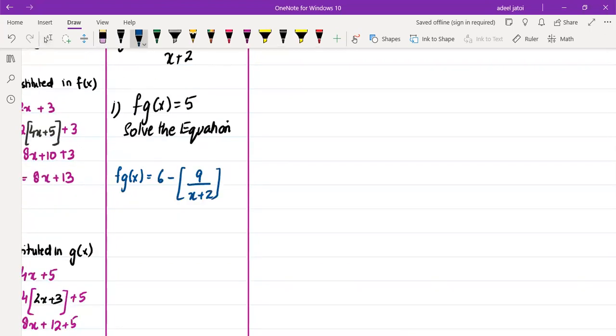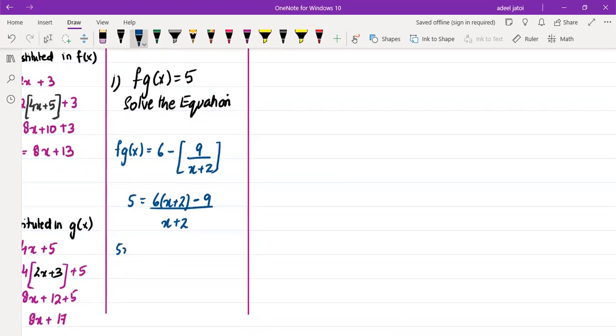So can we say that f(g(x)) is basically 5? Let's substitute this with 5. This is going to be 6 minus 9 upon x plus 2. LCM is x plus 2. So 5x plus 10 is going to be 6x plus 12 minus 9.